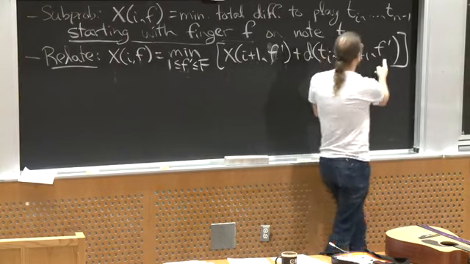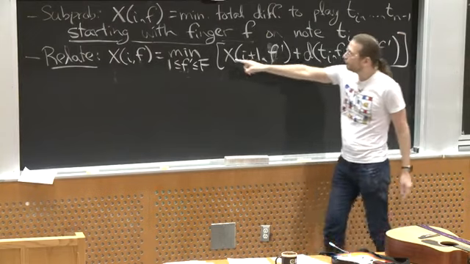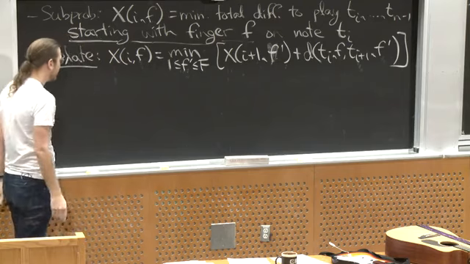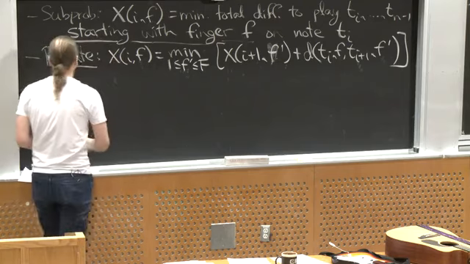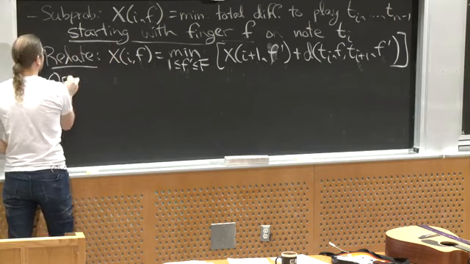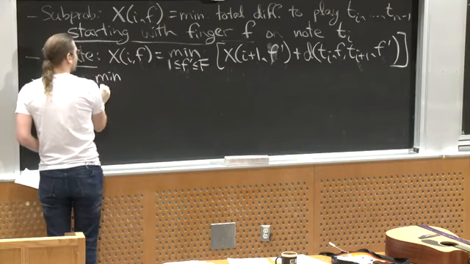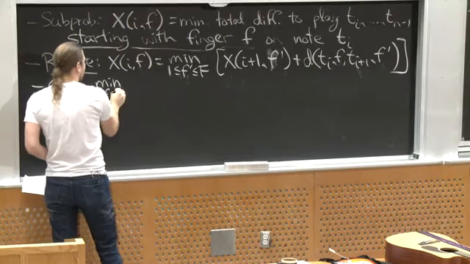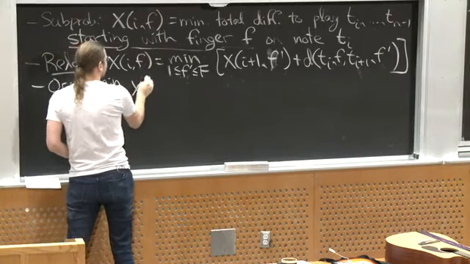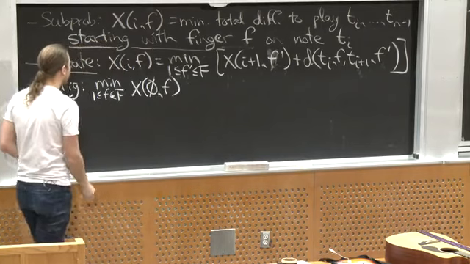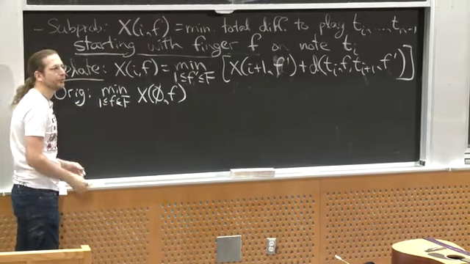And so I get to know both of these fingers. One comes out of this min, and the other is given to me as this parameter. And then, of course, if I can solve these problems, I can solve the original problem by just one more min of 1 up to capital F of x_0,f. Right? I don't know which finger to start with, but that's just F choices.